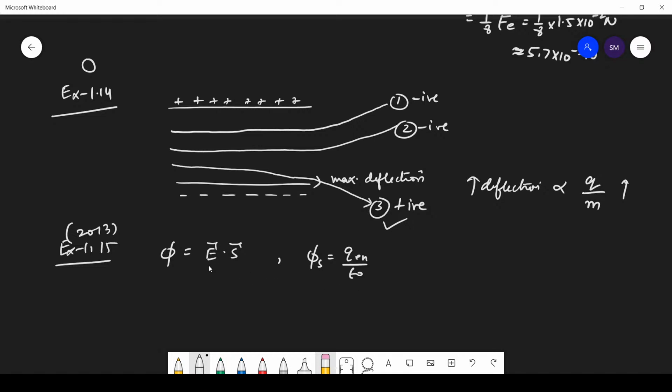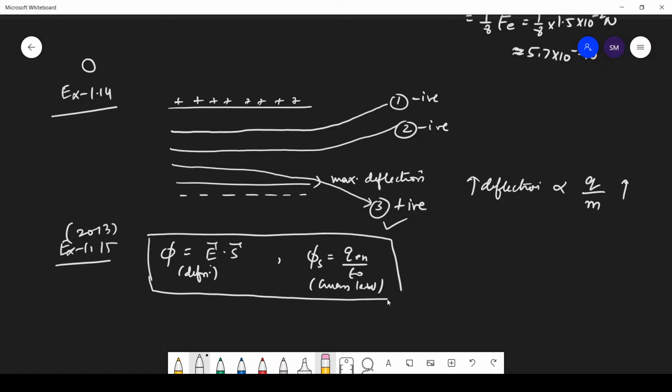So if you are concerned with E, then use this definition of the flux, and if you are concerned with the charge, then use the Gauss law. So these are the things that you need to remember while doing the numericals related with flux.